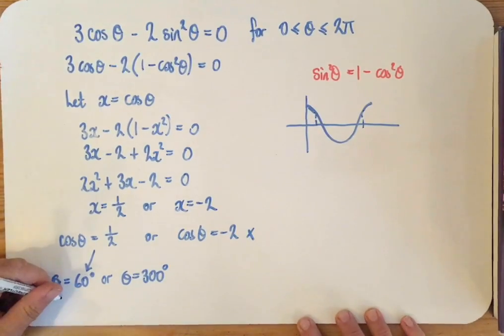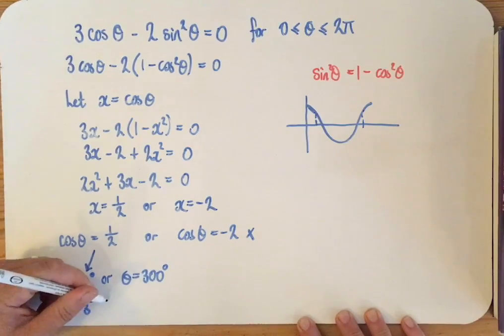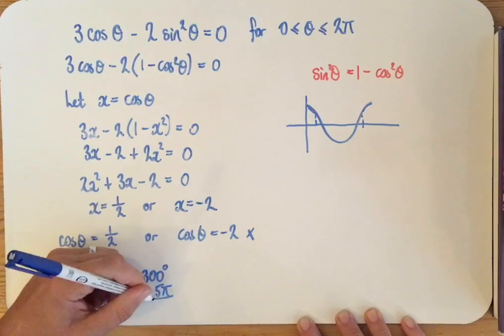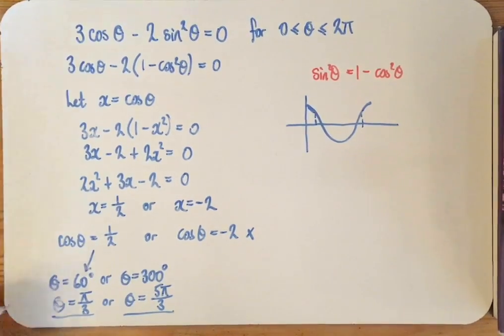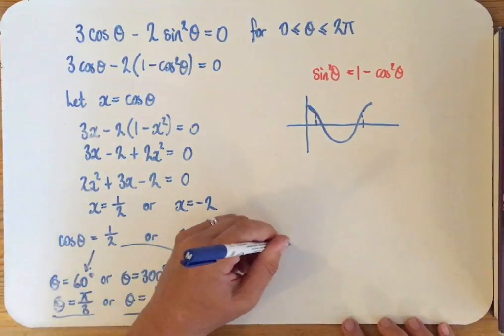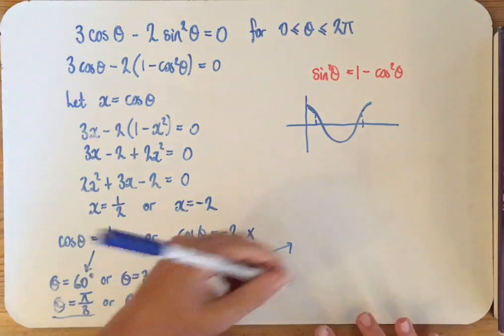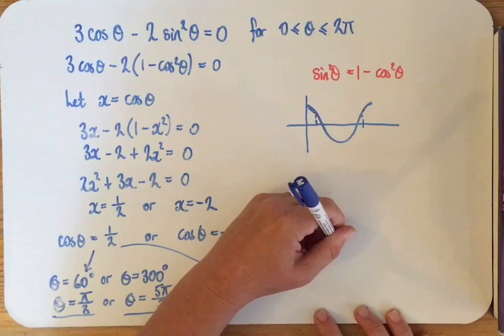So theta is equal to pi by 3, or theta is equal to 5 pi by 3. You times by pi, divide by 180. Alternatively, just work in radians. Calculate in radians mode, shift cos of a half will take you straight to pi by 3.